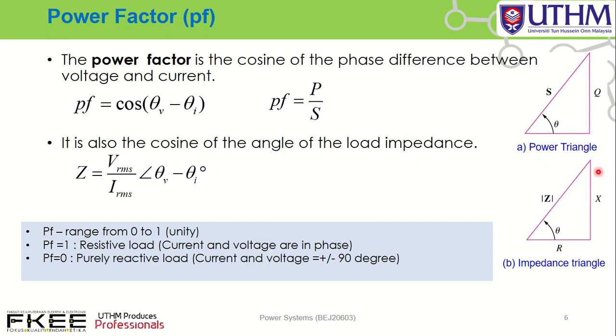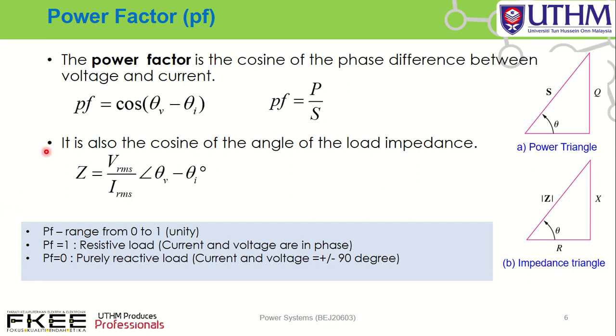This is an example of the power triangle. This is theta, the angle difference between voltage and current. This is the real power, this is Q, the reactive power, and this is the apparent power.